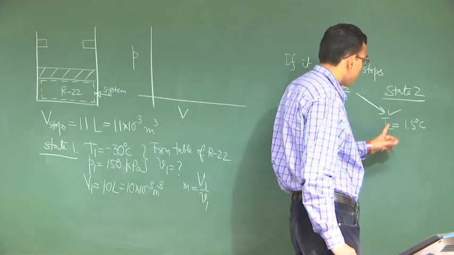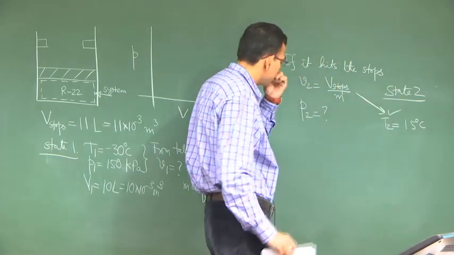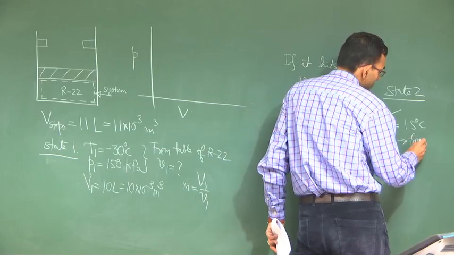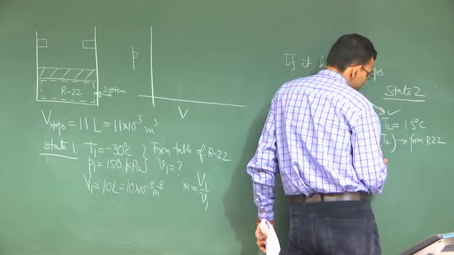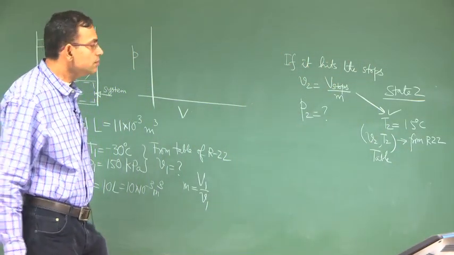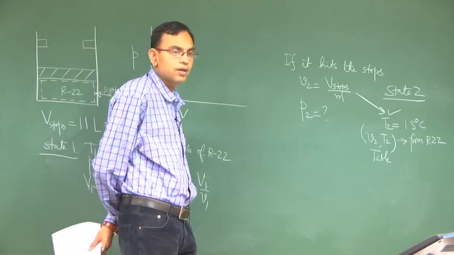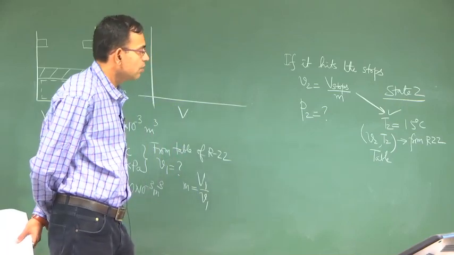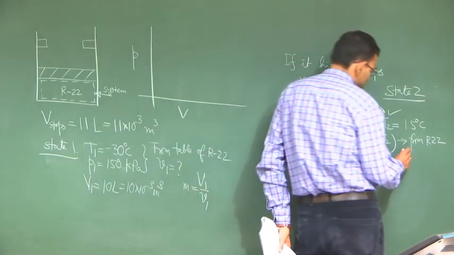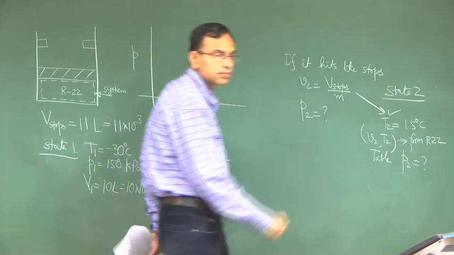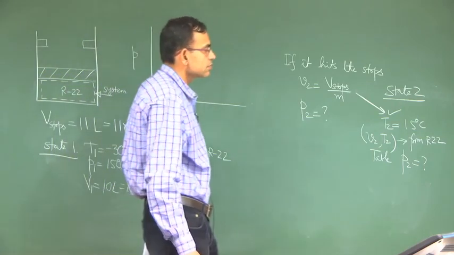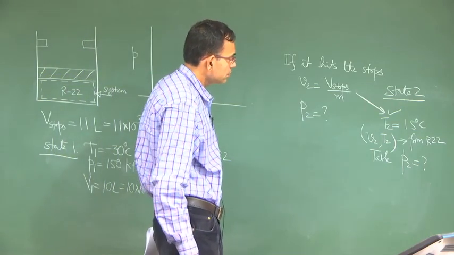So, you have T2 as 15 degrees centigrade, and V2 as this combination, V2 and T2. From the R22 table, this will give you P2.